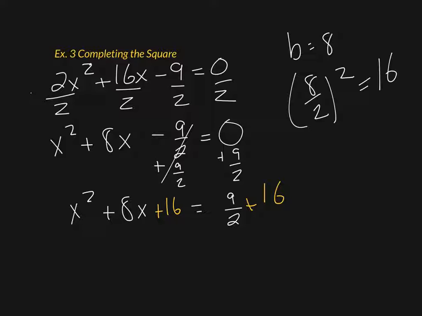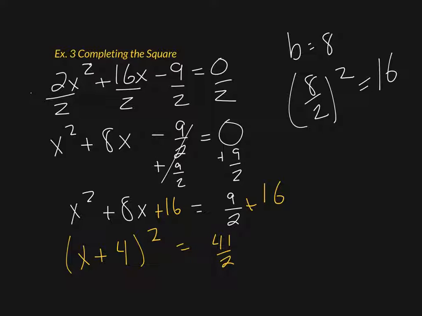Now on the left side, factor that. You're looking for square root of 16, that's 4. 4 plus 4 gives you 8. So when you factor this, you're going to have x plus 4 quantity squared. Combine on the right side, and that gives me 41 over 2.